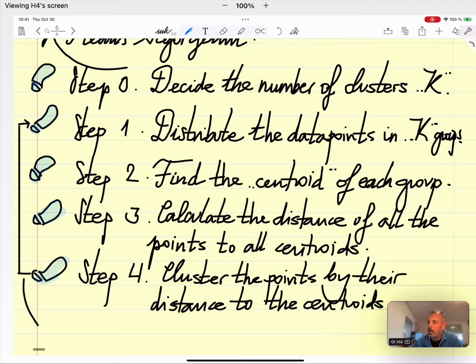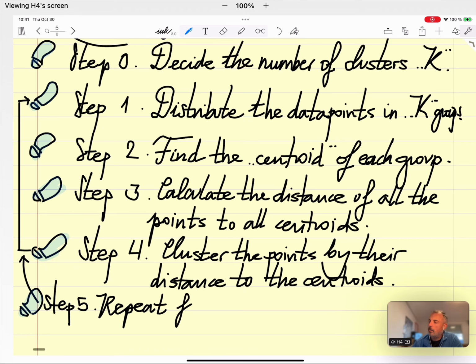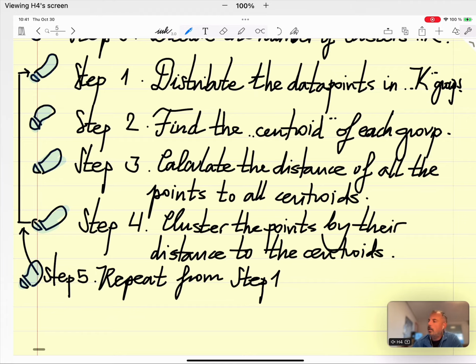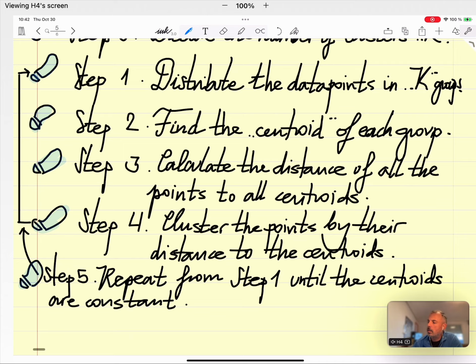The step number 5 is repeat from step 1 until the centroids are constant. Okay.